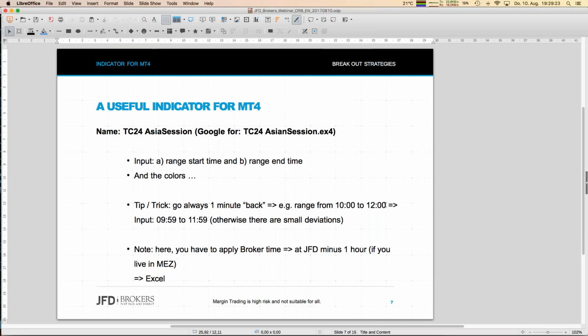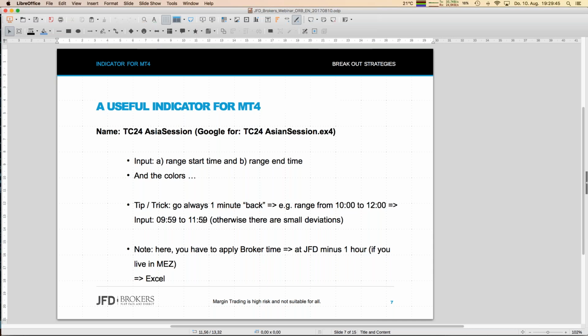What you finally have to do within that indicator, don't enter 10 to 12, just enter 1 minute before: 9:59 and 11:59. It has to do with the details of that indicator. Otherwise, you will get small deviations and not exactly those candles you want to have.